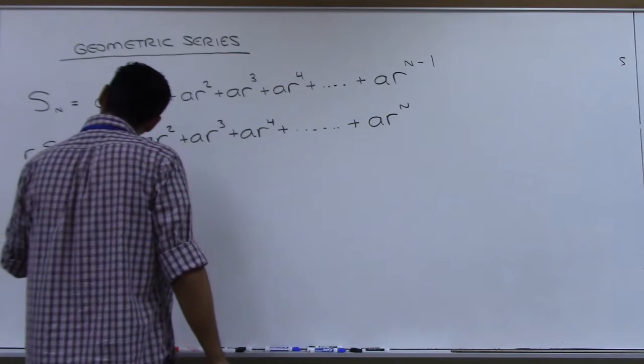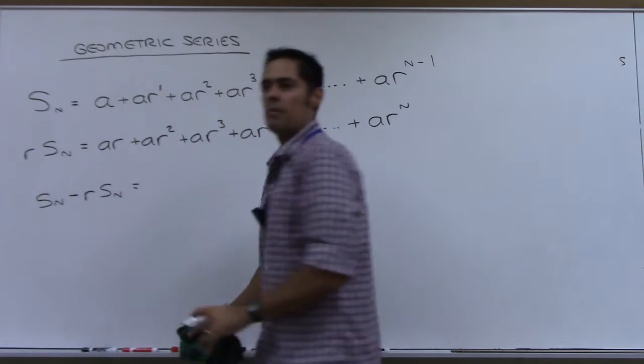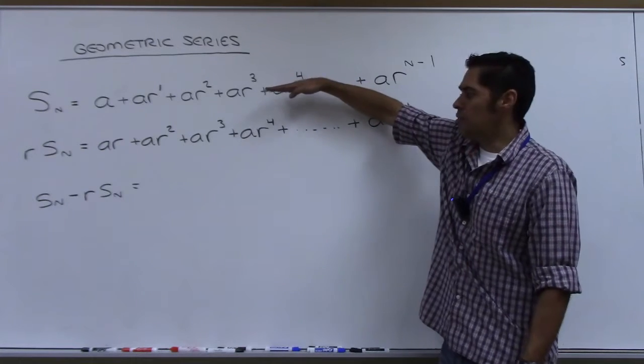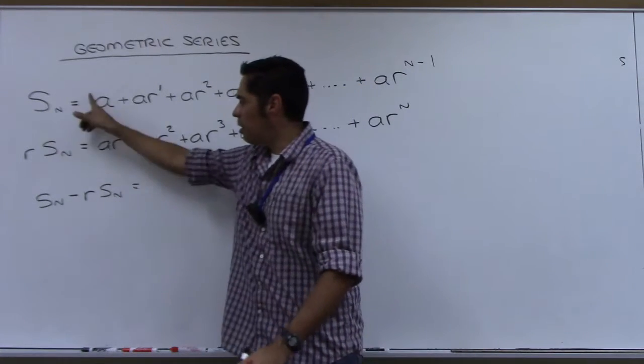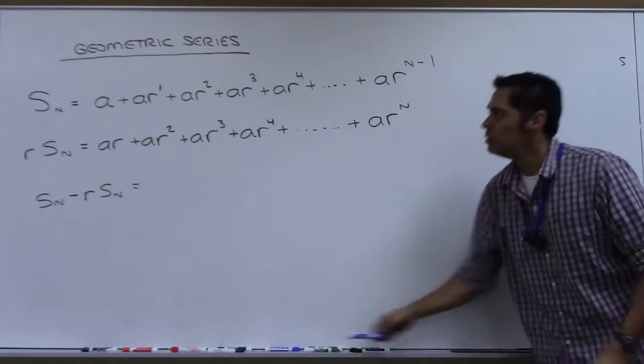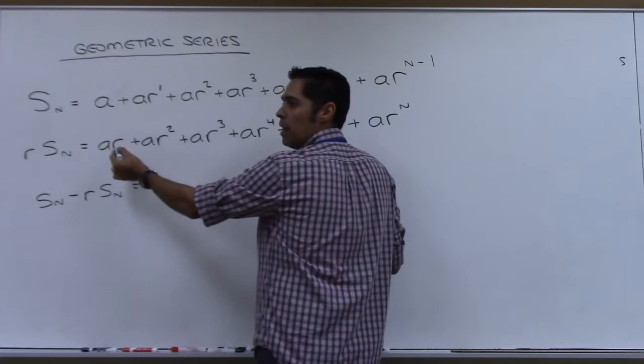Okay, now I would like for you to tell me what's s sub n minus r s sub n. So that means if you take this row and you subtract this row, right? Take the top row, subtract the bottom row, what happens? Well, let's see. This a doesn't go anywhere, right?